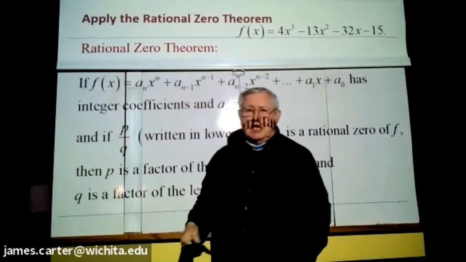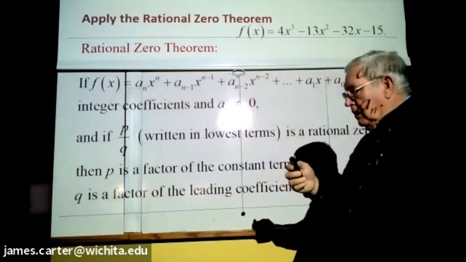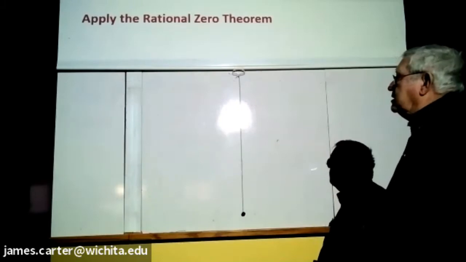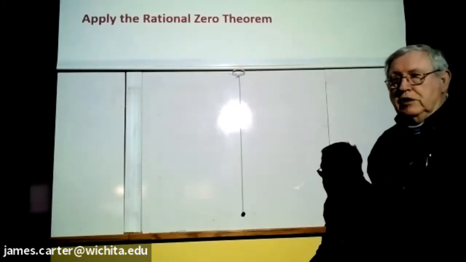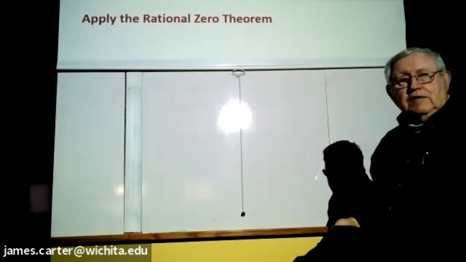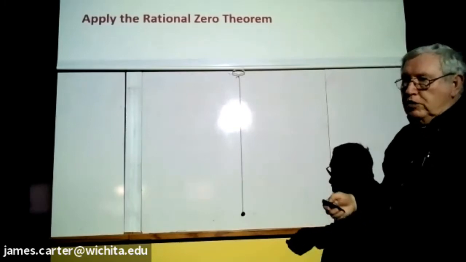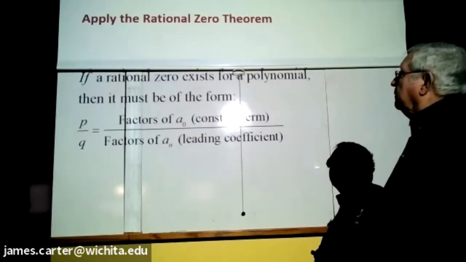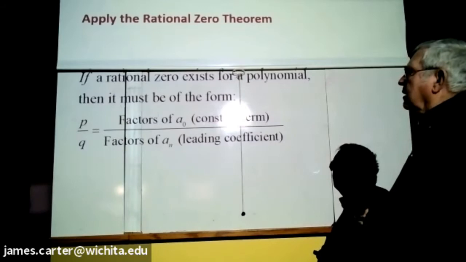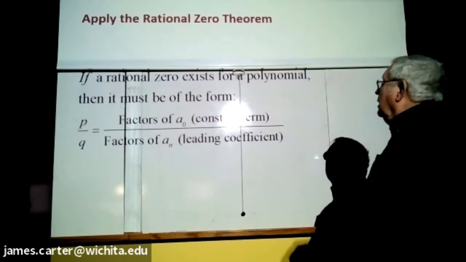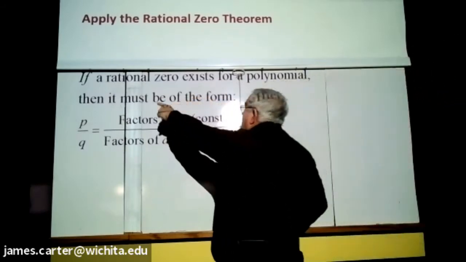Now, just because they could doesn't mean that they will. And we have to test that by using either synthetic division, long division, or just ordinary factoring, or the quadratic formula.